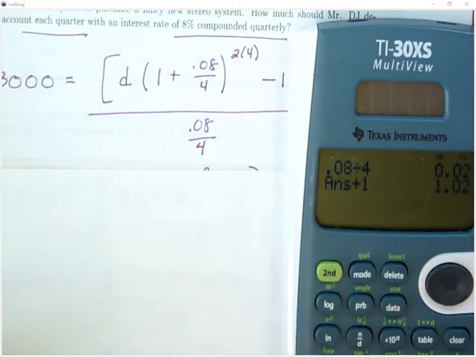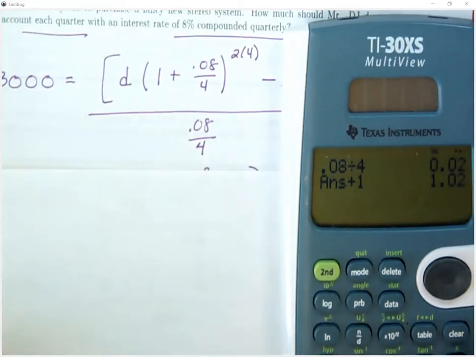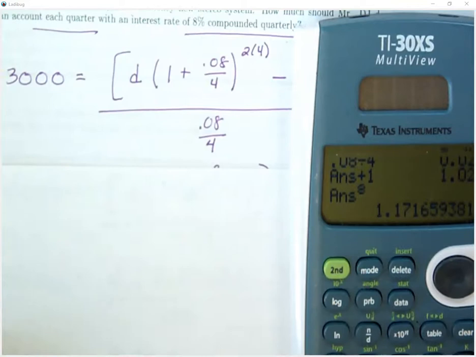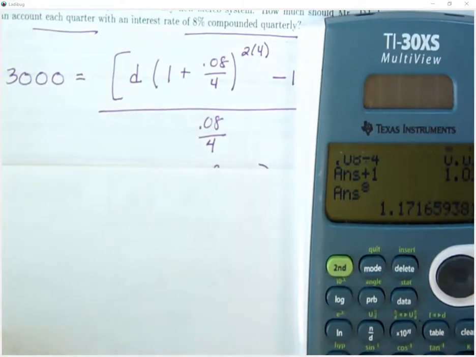You could just type in 1.02 for this one, and then raise it to 2 times 4 using parentheses, or just do 8. Then don't forget to subtract the 1 for this formula. We always want to subtract 1. So now I have 0.17, so on and so forth.